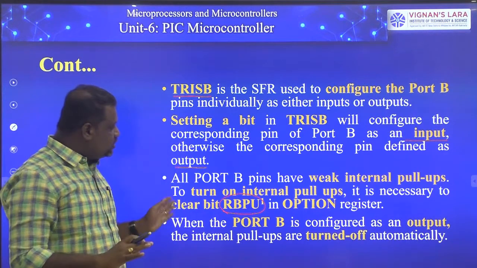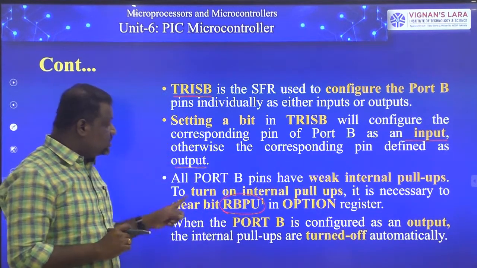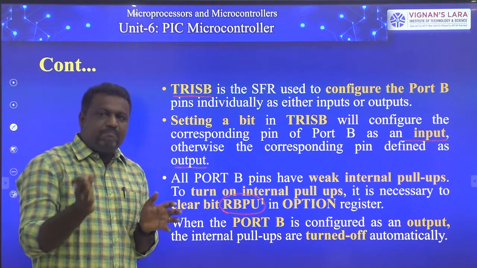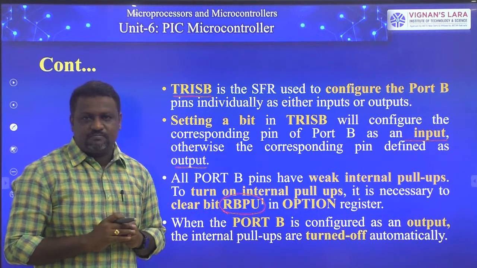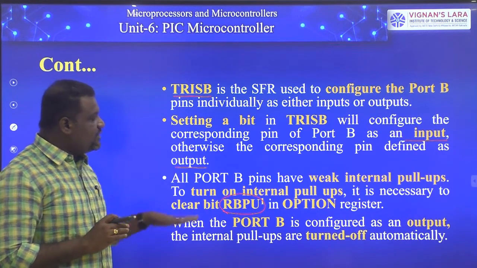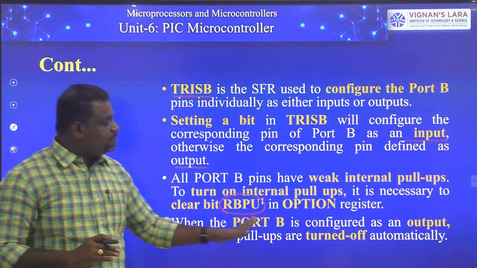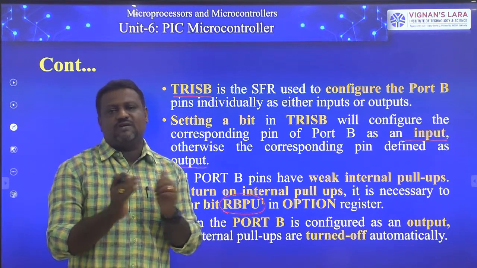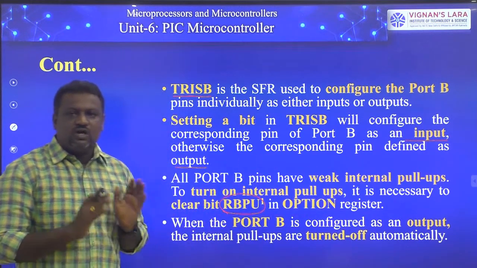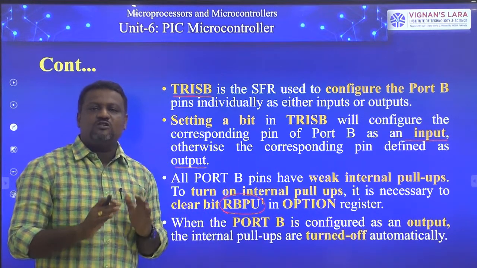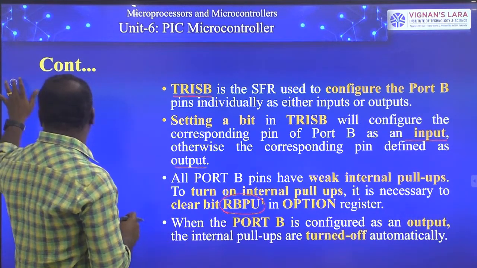To turn them on, it is necessary to clear the bit RBPU bar in the option register. When port B is configured as an output, the internal pull-ups are turned off automatically. That is an important point.